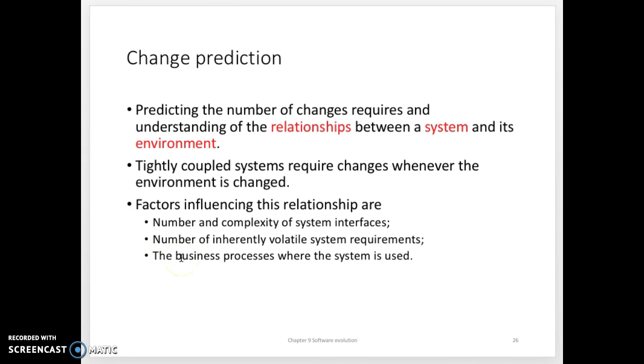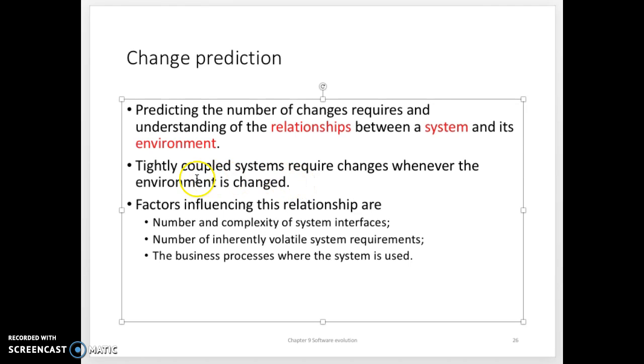Change prediction is predicting the number of change requests and understanding the relationships between system and environment. Now, a tightly coupled system requires change whenever the environment is changed. Take, for example, a system that is related to government tax.